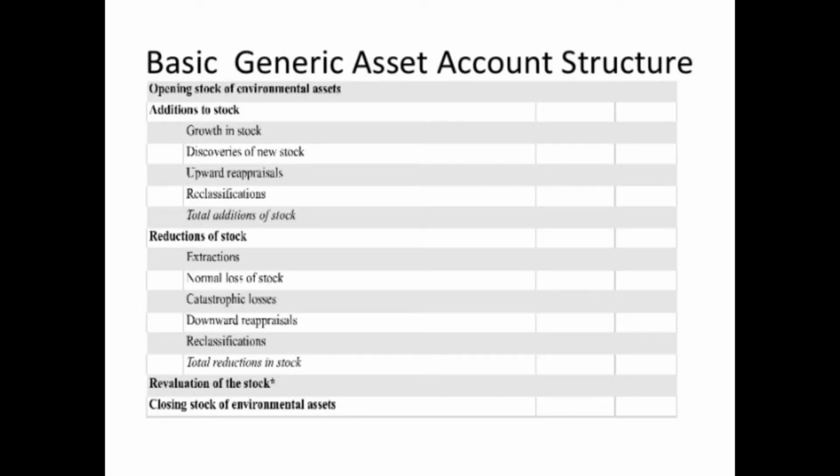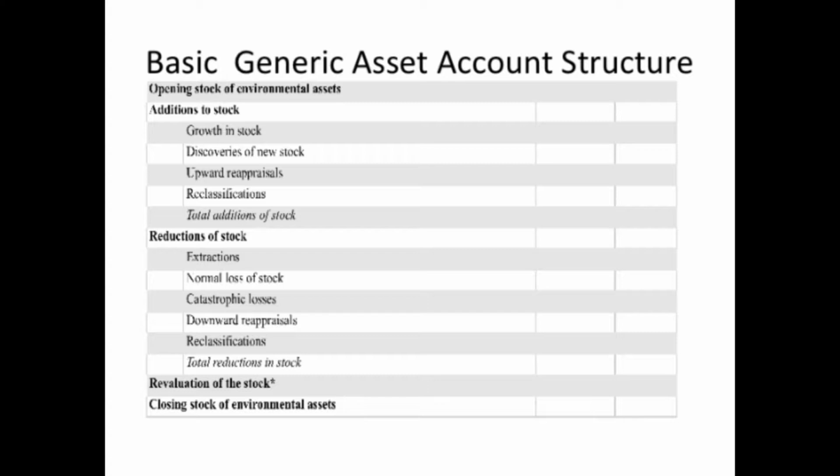And this is just to show this basic generic asset account, what it looks like for natural resources. For example, you have additions to stock of different varieties. You have reductions of stock of different varieties, including the extraction, so the direct removal by humans through some production process of those assets.